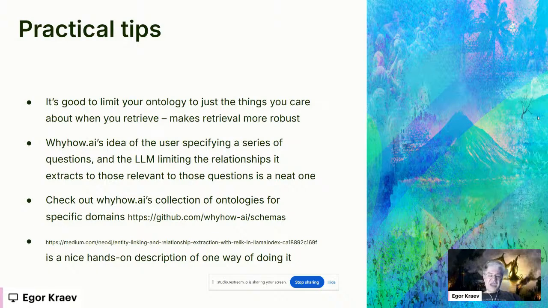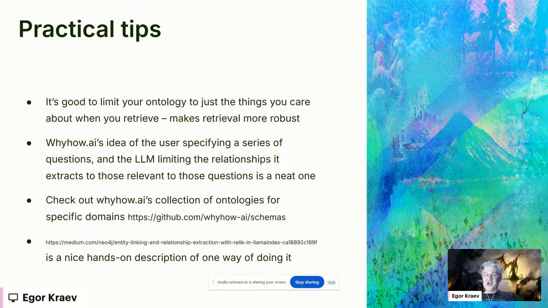Practical tips. It's good to keep your ontology small. As always, the smaller you keep the universe you retrieve from, the easier you make it for the retrieval. One really cool idea, which I would recommend trying to steal in what you're doing, is to instruct your LLM to create an ontology by specifying which questions you want to answer, and only extracting entities and relationships which have some relevance to that.